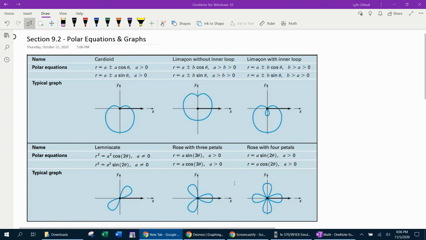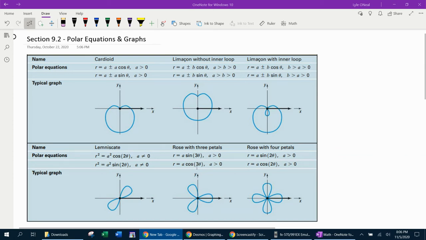And then the last shape is a rose, which is r equals a sine of 3 theta, or it could be r equals a sine of 2 theta. The coefficient of the angle is going to tell you how many petals your rose has. So listen to this.